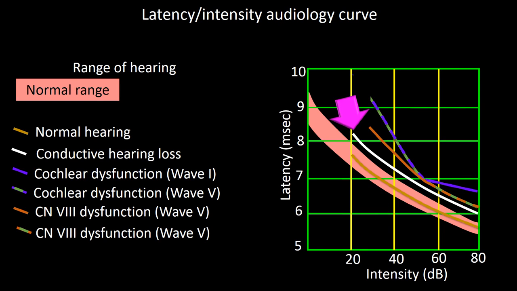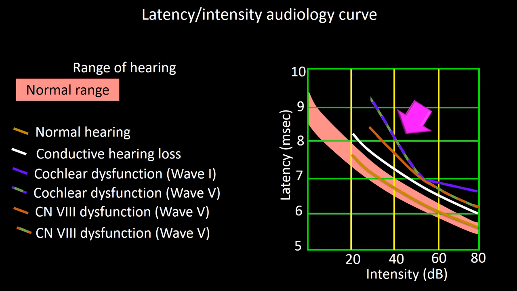The white line depicts the hearing intensity of people with conductive hearing deficit. The hearing deficit is sustained regardless of the intensity of the stimulus and may not be present at low stimulus intensity. The brown line shows some improvement with increased sound intensity. This is characteristic of cranial nerve 8 deficit.